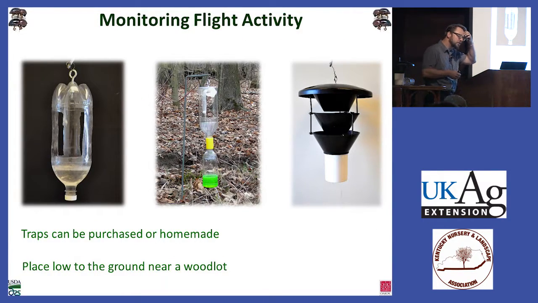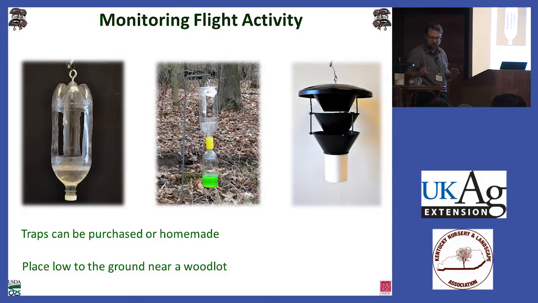So in terms of the traps, this is where you can actually save some money and make your own trap. A lot of people will just take a bottle and turn it upside down and cut some holes in the side, and then you can put soapy water in the bottom, and then you want to position that low to the ground, and you can then look for your insects.